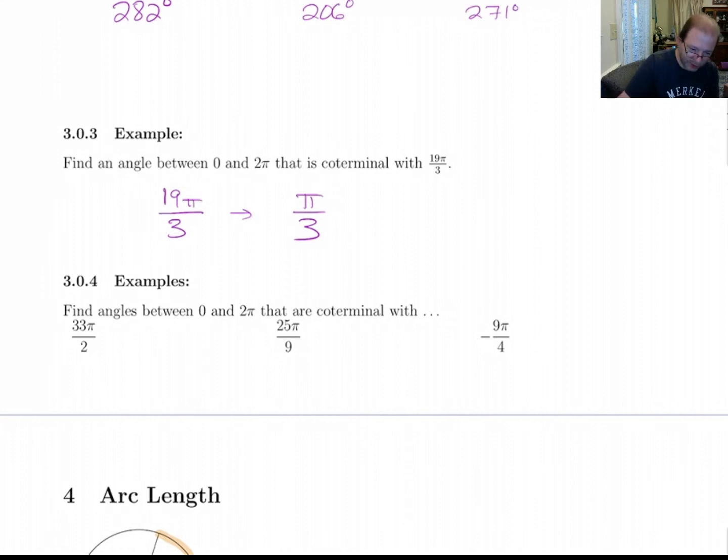33 pi over 2. I'm going to do 33 over 2. Then I'm going to subtract off 2 repeatedly. And that eventually drops me down to 0.5. So this gives me pi over 2. All right, that one you probably could have done on your own, or without the calculator.